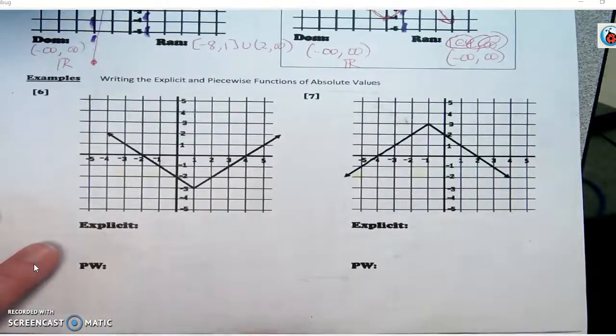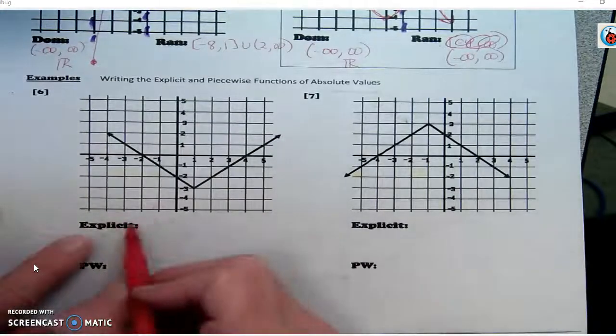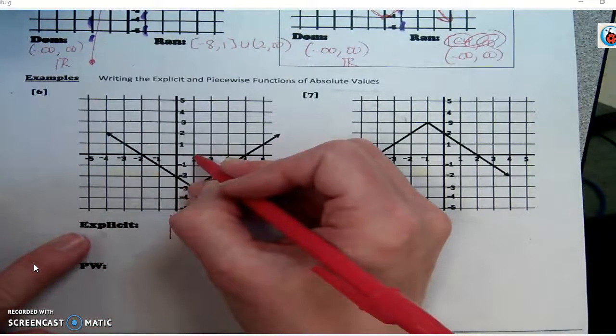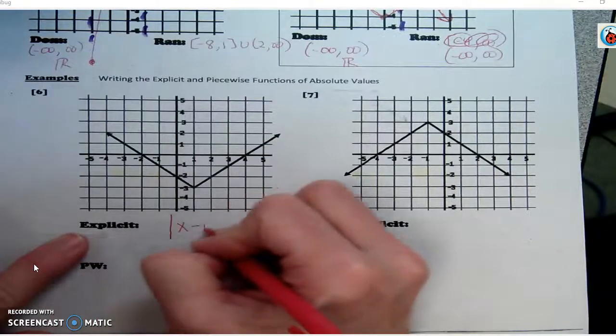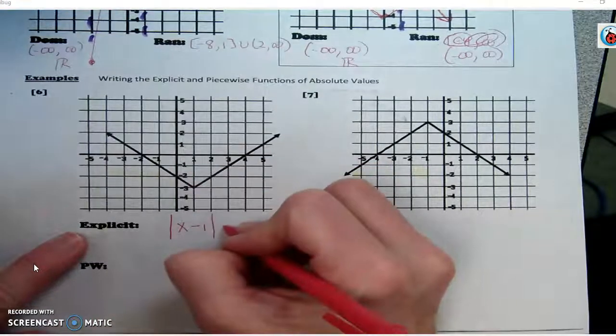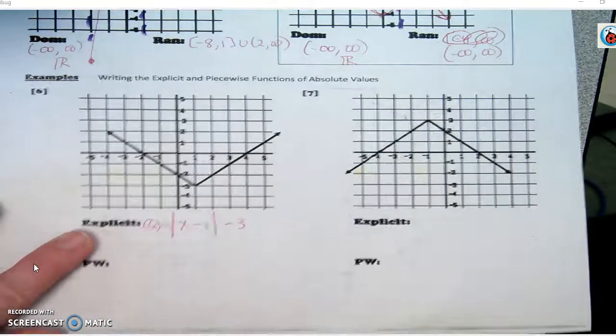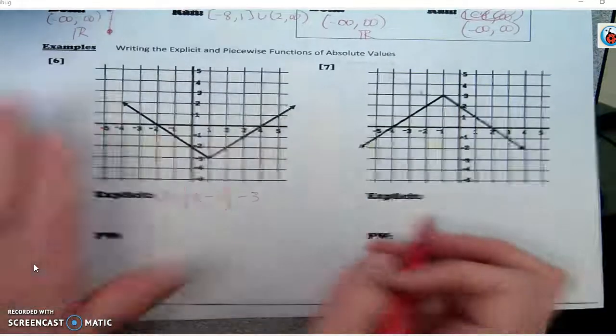All right. Lastly, writing explicit and piecewise. So writing the explicit function, this is absolute value. You know that it has gone right 1, so that would be -1 in the parentheses, and it has shifted down 3. So that's what the explicit function looks like. Piecewise, there are 2 parts.